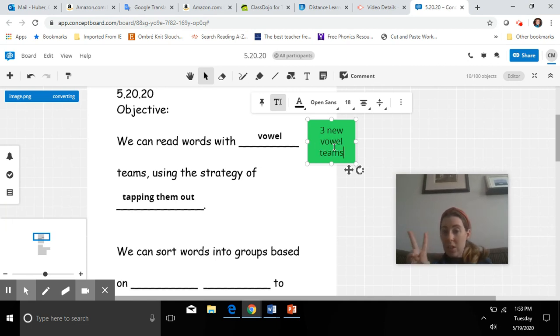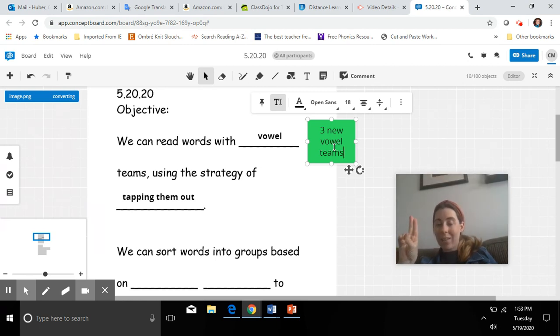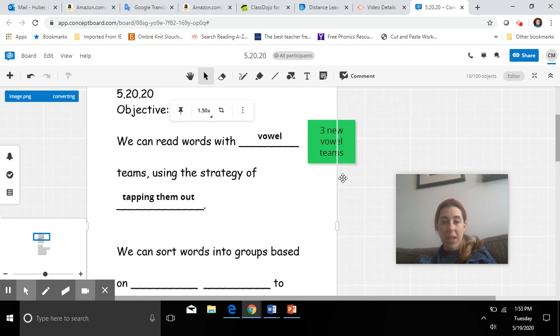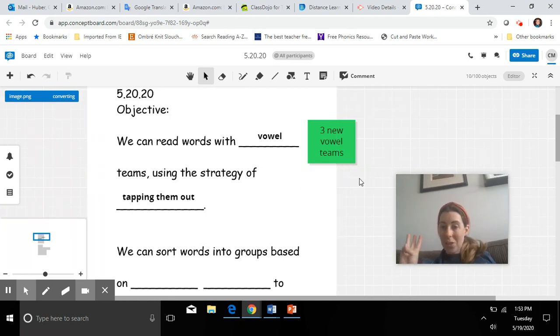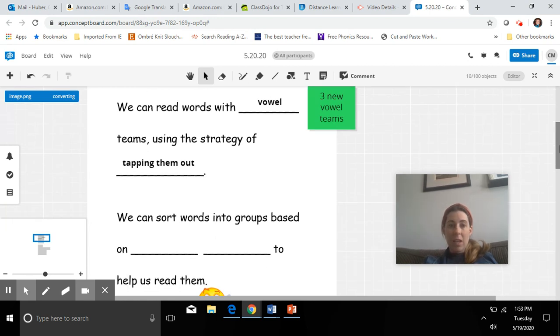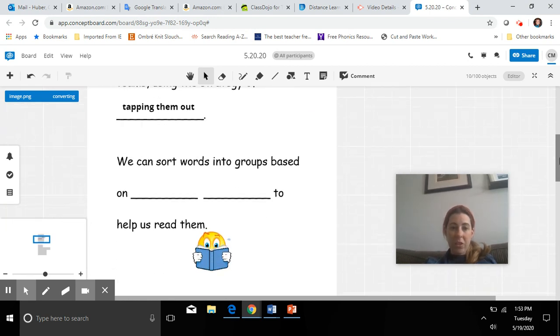You have already learned 2 vowel teams for the letter A. You have learned AI together and AY together. Remember, sometimes we call Y a vowel letter too. Okay, but today we're going to practice with 3 new vowel teams. So we'll stay on the lookout for those.